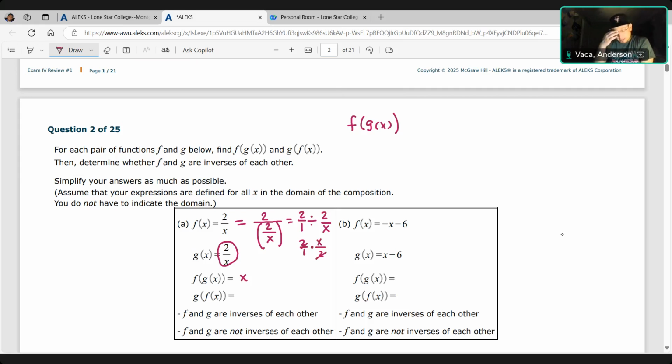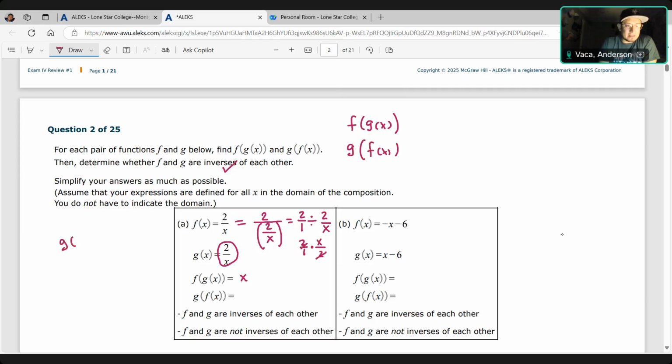Okay, that's going in the good direction of saying that f and g are inverses. We need to check what happens when we take f and drop it onto g. So let's see what that looks like.